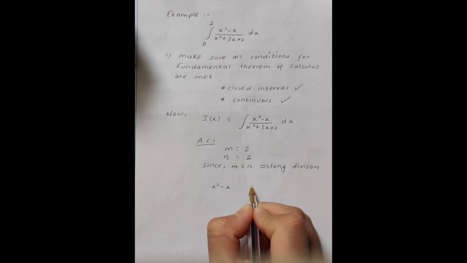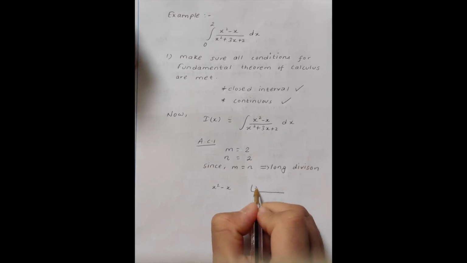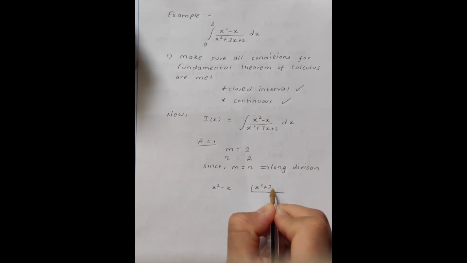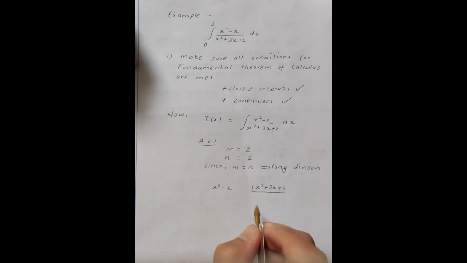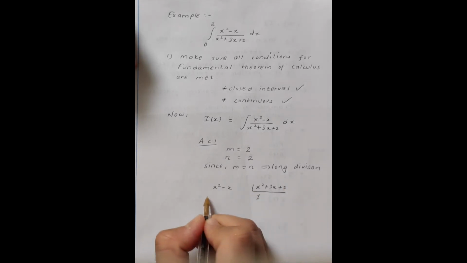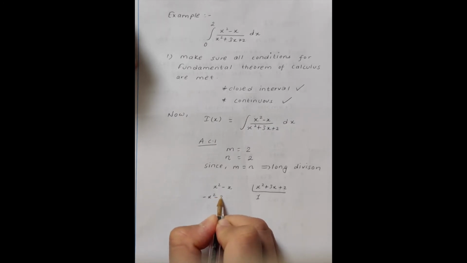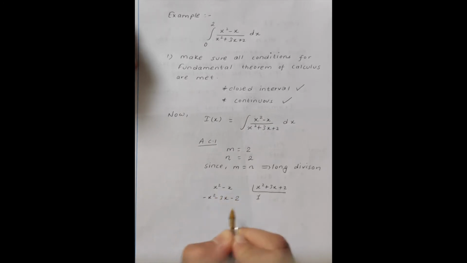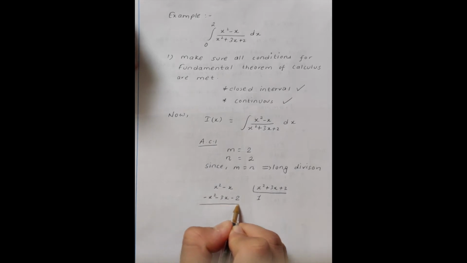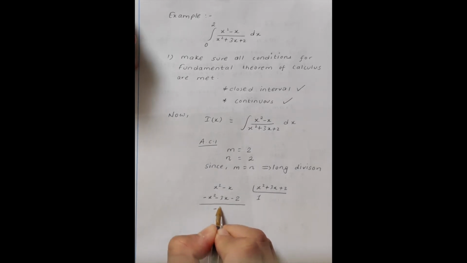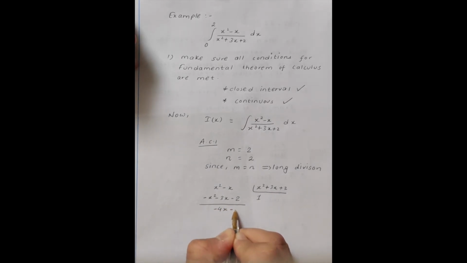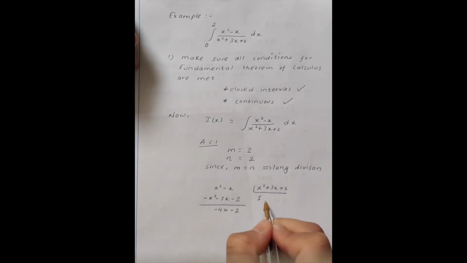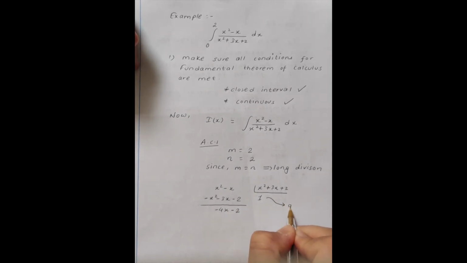So let's do that. And as you can see, performing the long division, the quotient of the division is 1, and the remainder part is minus 4x minus 2.